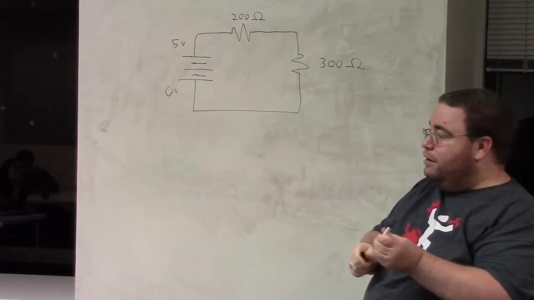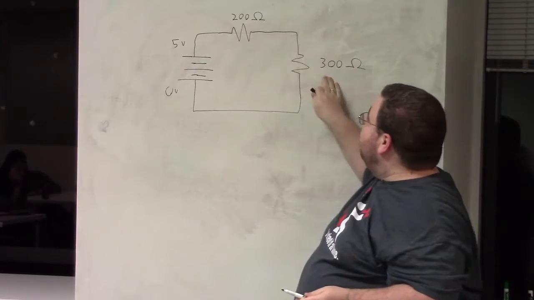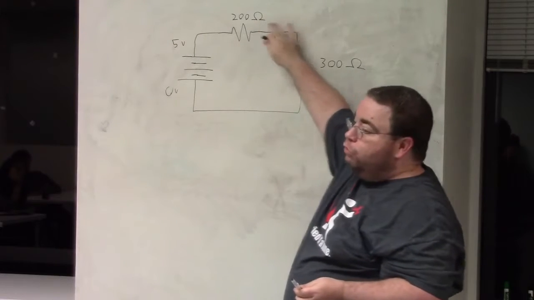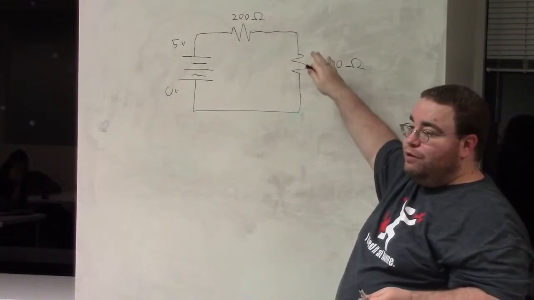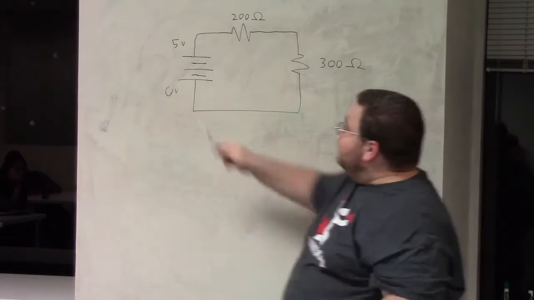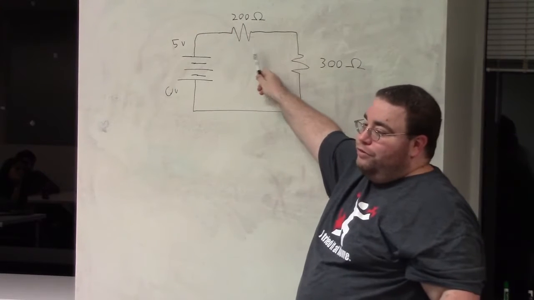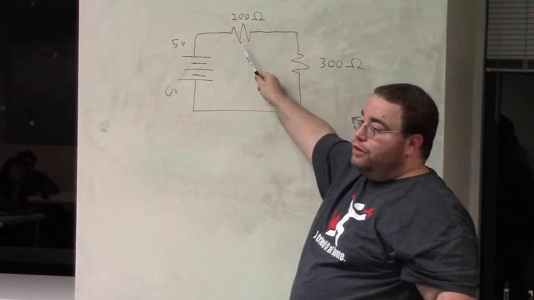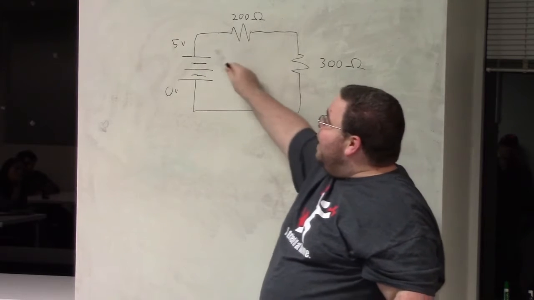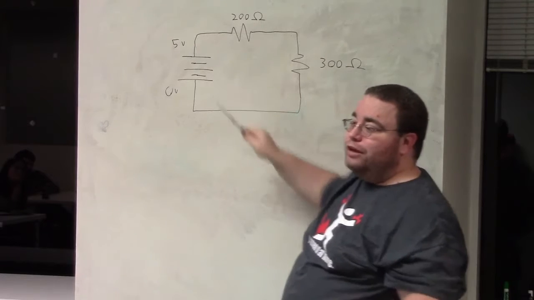You can just figure out whatever proportion this is to the total resistance is going to be what the voltage drop for that resistor is. Note that if this were 10, not 5, the voltage here would be 6, not 3. There's nothing magical about the fact that this is a 200 ohm resistor. It's just the relationship between this resistance to this point and the total voltage. Because again, Ohm's law. These things are all related.